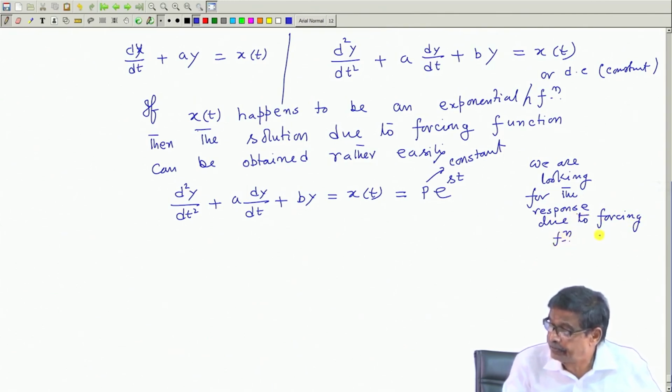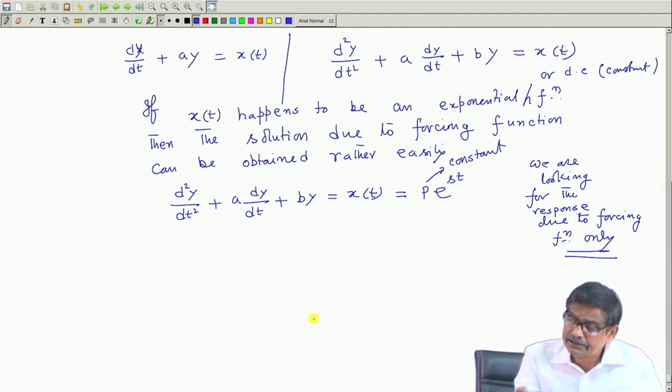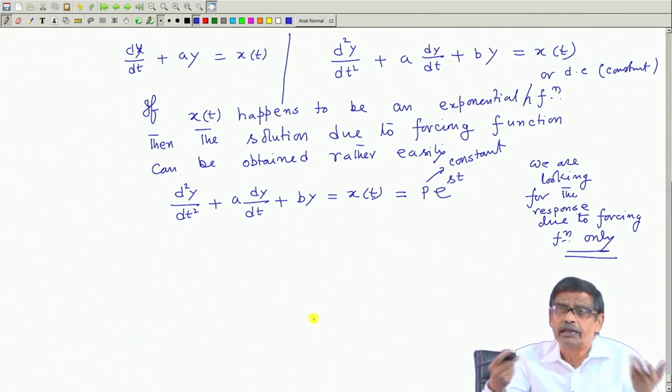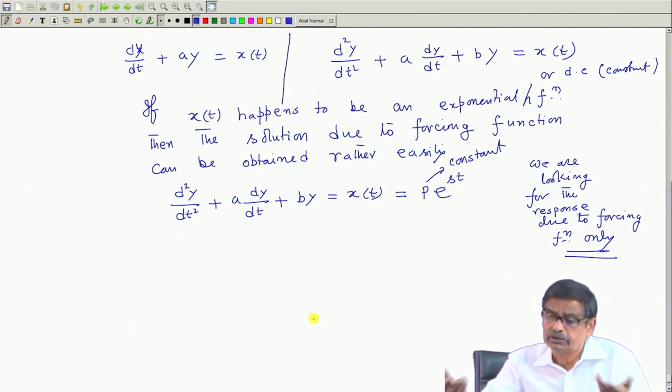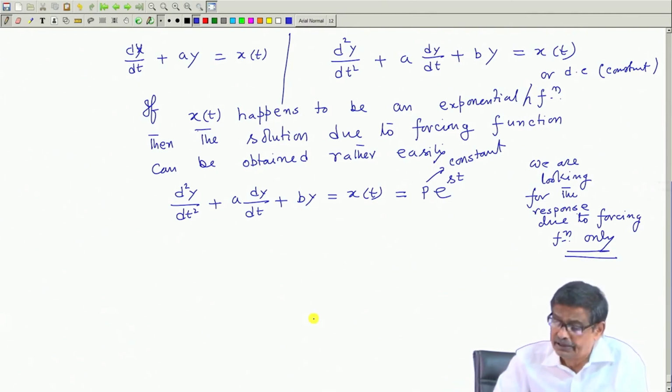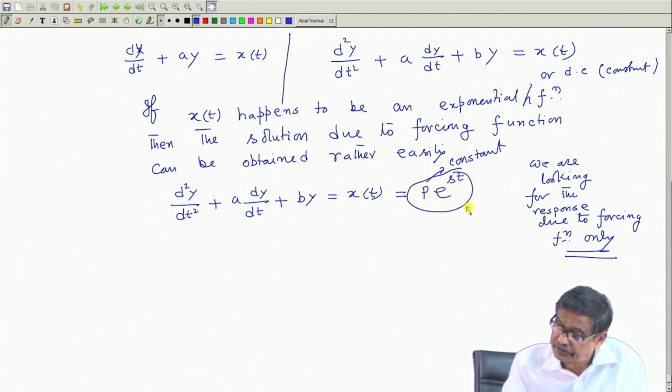This you must understand, forcing function only, because other terms will be there, a1 into e to the power m1 t plus a2 into e to the power m2 t, that thing will be there. So this is your forcing function.